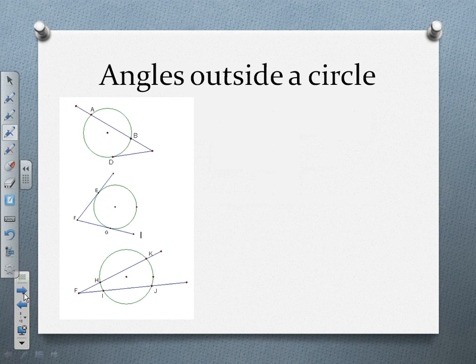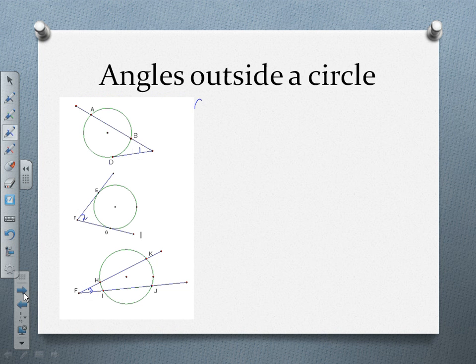All right. Now, these angles are outside the circles. So let's just call these angles 1, 2, and 3. And it's a really simple formula to remember, okay?